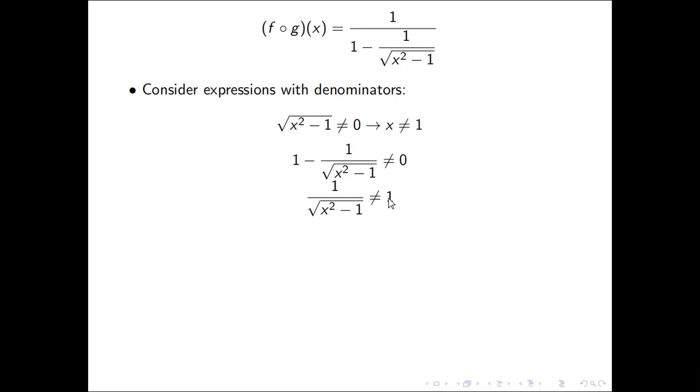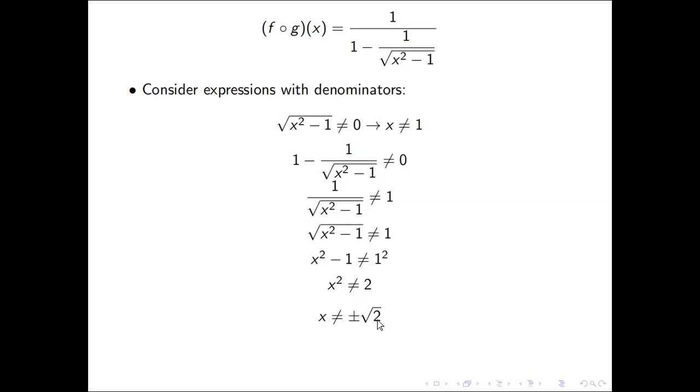Solving a not-equal is the same as solving an equality. So there. Cross multiply. Square both sides. Transpose. And then square root, plus minus. And that's it. So for this to be non-zero, x should not be equal to plus or minus square root of 2.